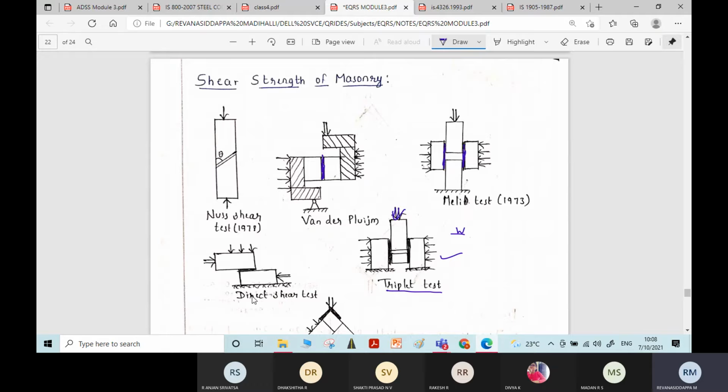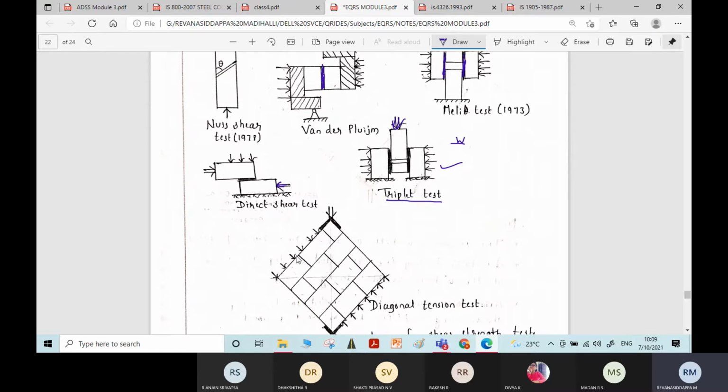And one more test we have is the direct shear test. It is also a very simple method, but the loading will be applied horizontally here. In almost all remaining tests, loading will be applied in the vertically downward direction. In the direct shear test, the loading will be applied in the horizontal direction.